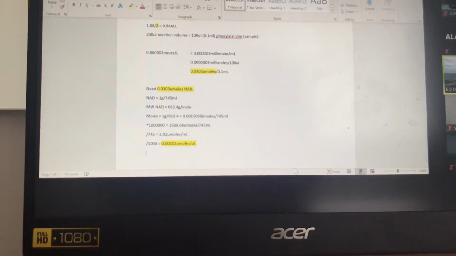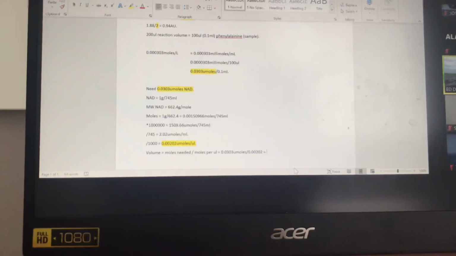And you should be aware that the volume required is effectively the number of moles needed divided by the number of moles per microliter. In which case, this is 0.0303 micromoles needed. We've got 0.002 in a microliter.